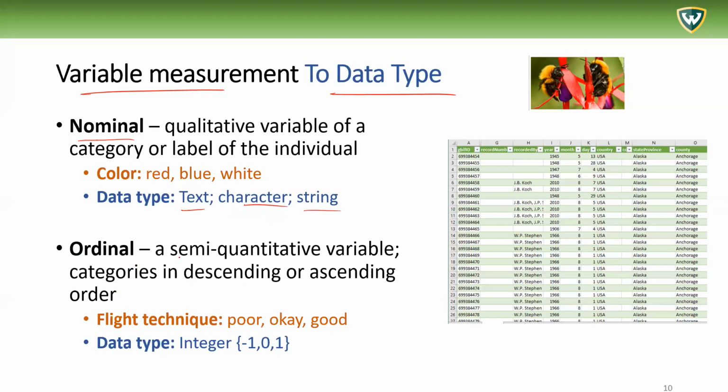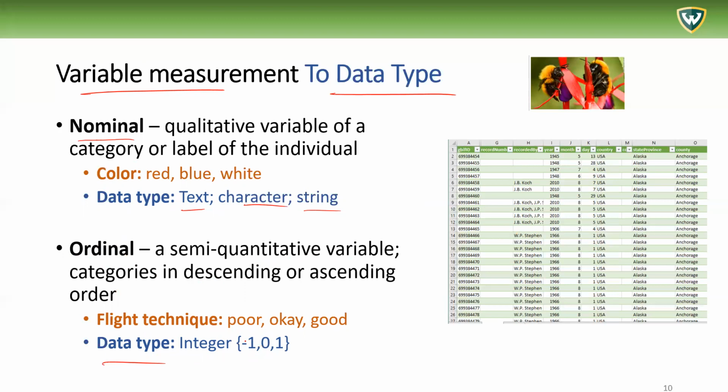Ordinal may be translated into a data type that is text or character, but what often happens is that if we do have an ordinal variable, we will translate that into some kind of integer, such as -1, 0, and 1 as the possible values.